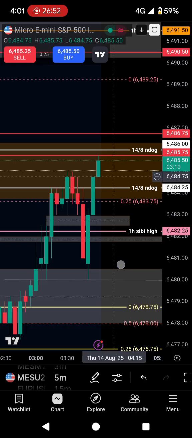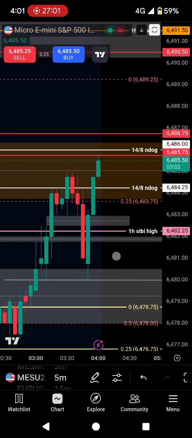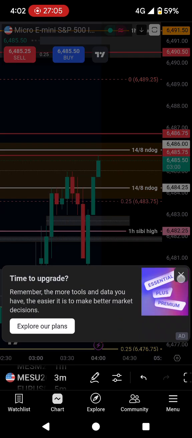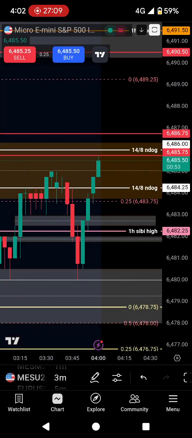If I go long here at 6484, my stop loss is just placed here, 6481, so 3 points. What I want to see right now is this to stay intact. I want the highs to stay intact first.